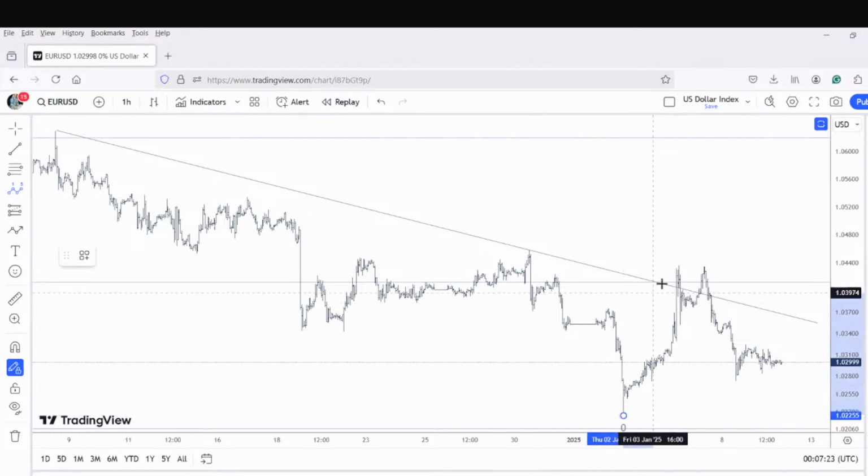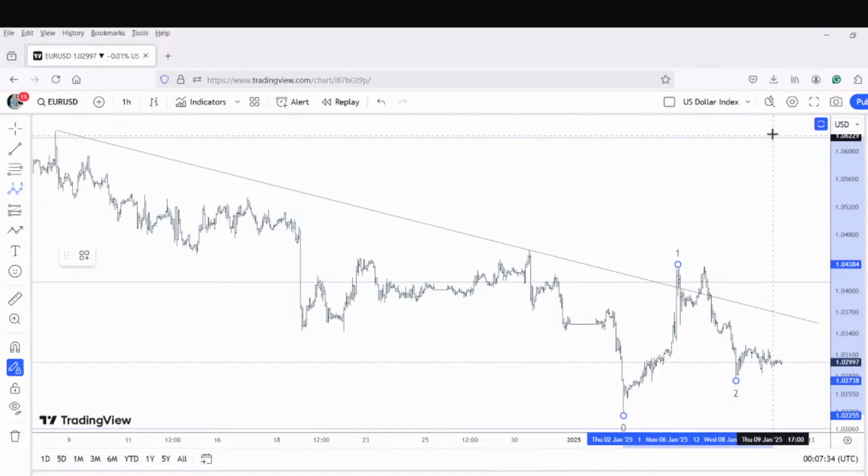If a test is happening, we will pick the trade from the lower side again.